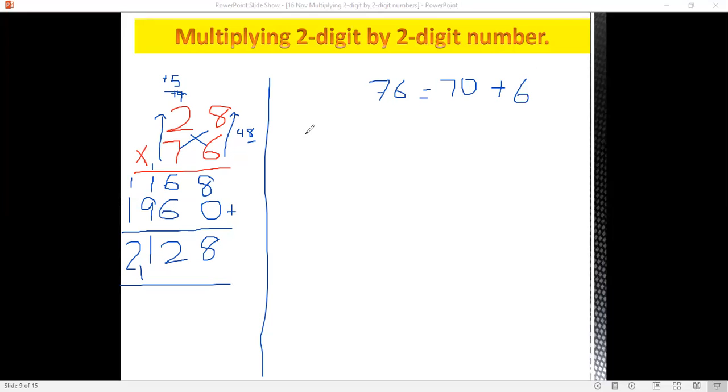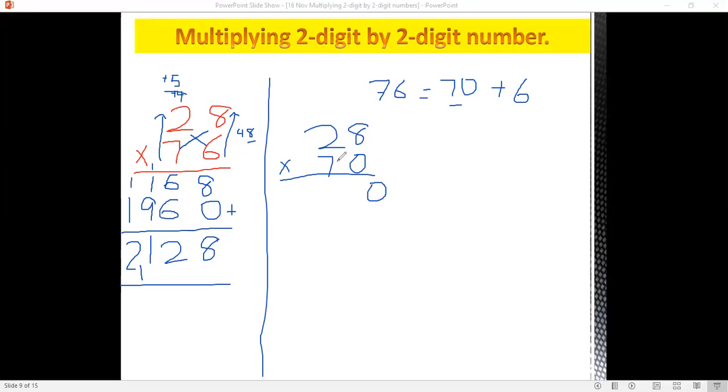Then I will take 28 times, let's start with this one, 70. Now, I know that 28 times 0 is 0. So I'll just put 0 here.